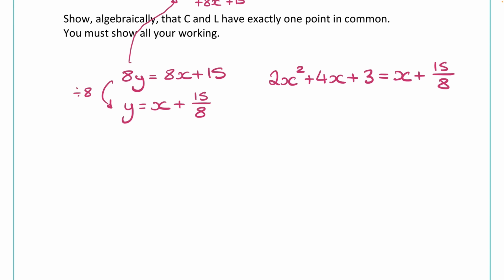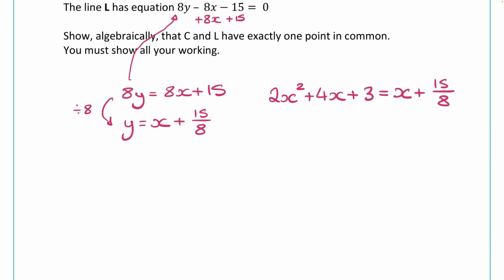Now to solve a quadratic, we have to make it equal 0. So I can minus x from both sides. I'm going to do this in steps because there's quite a lot here. So 2x squared plus 3x plus 3 equals 15 over 8. Now I need to subtract this 15 over 8 from both sides. So minus 15 over 8, that will go away from the 3.